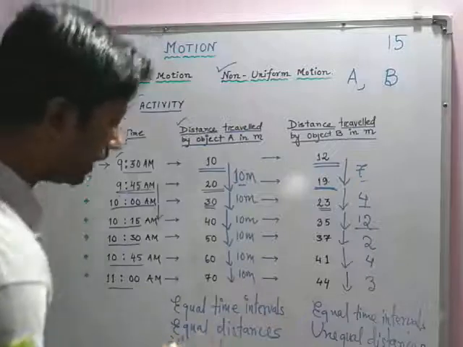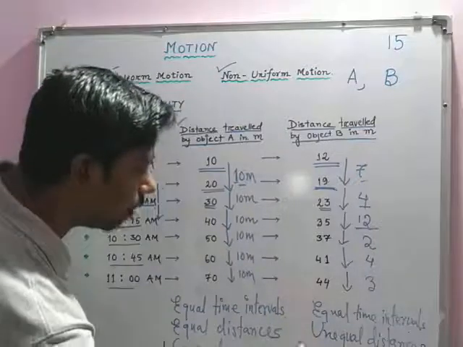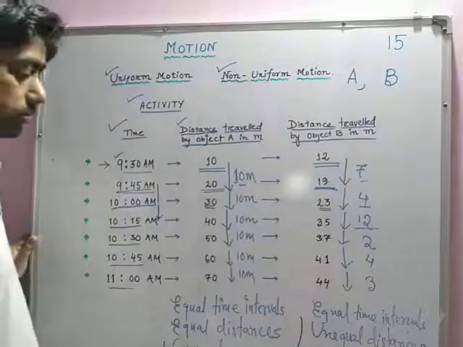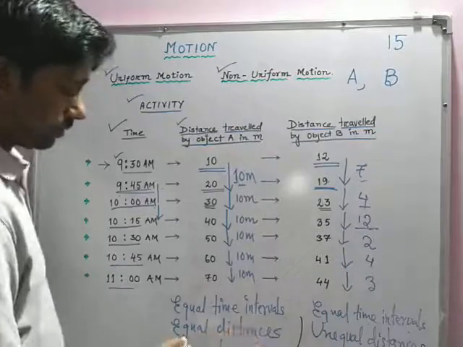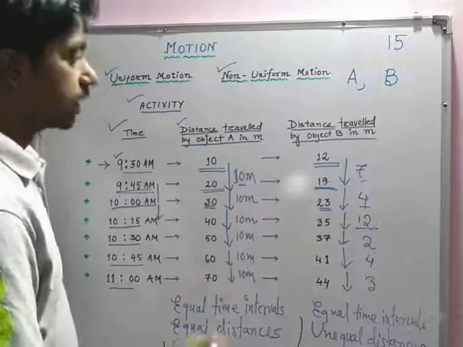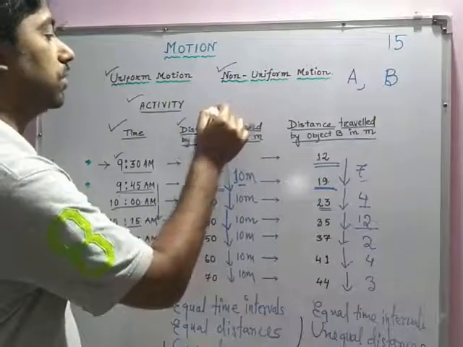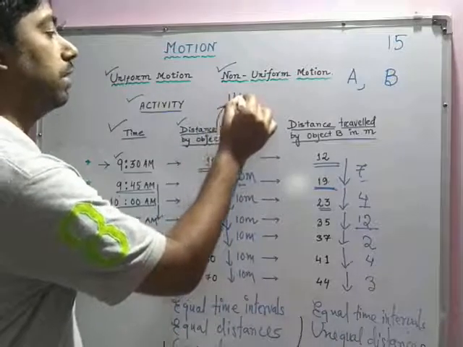Whenever you encounter motion having equal time intervals and equal distances covered, that kind of motion is known as uniform motion.